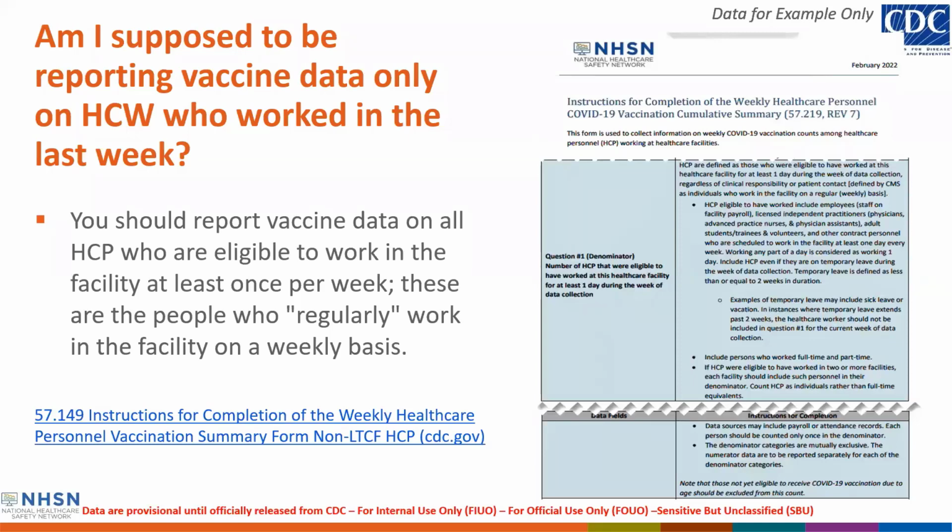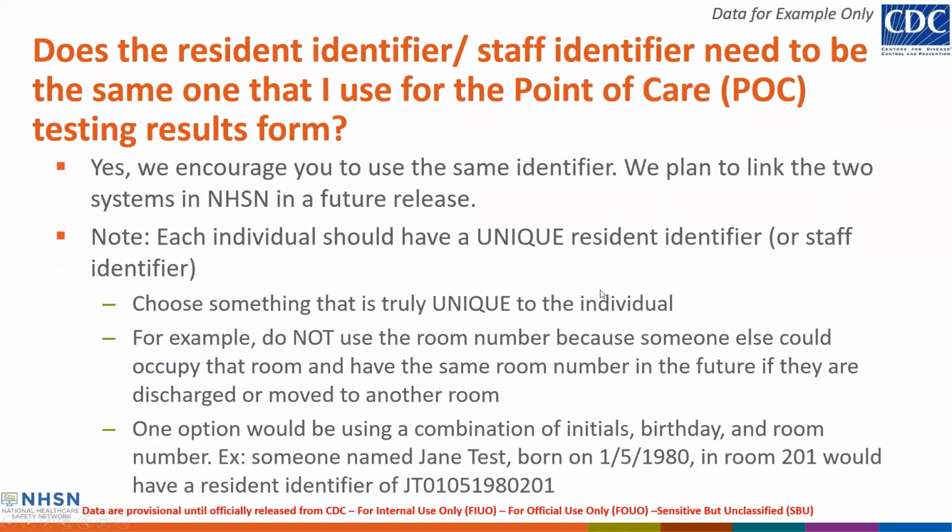So just like in our weekly summary, we report vaccine data on HCP who are eligible to work at least once per week. So those who work on a regular weekly basis. We've included a link here to those TOIs, but this is not a change. This is the same as if you were reporting cumulative summary data. We'll apply those same definitions here for which staff to count and make sure those are unique.